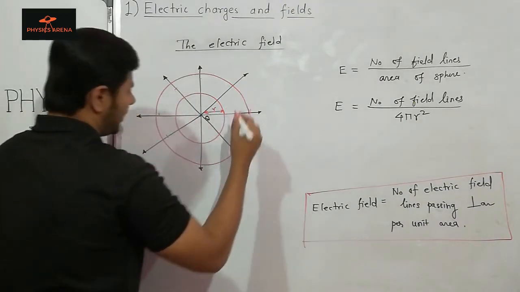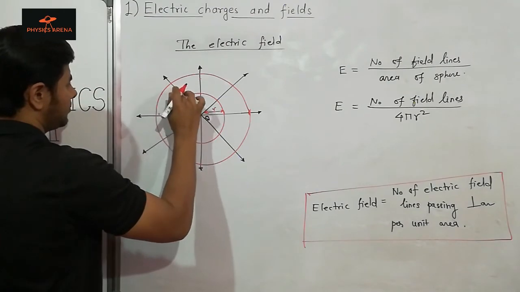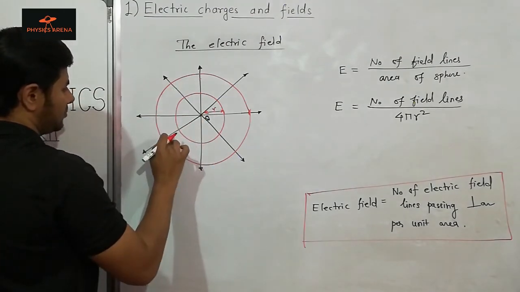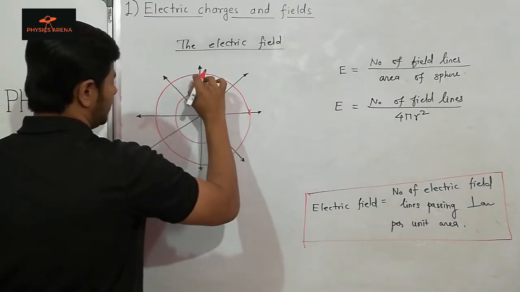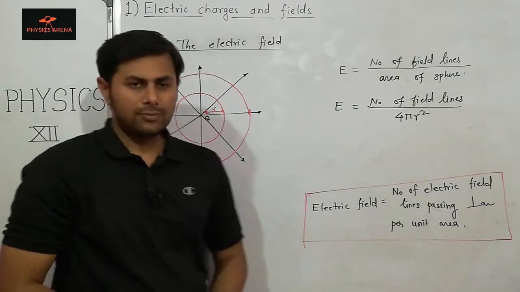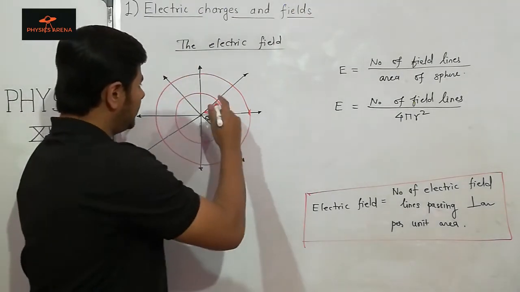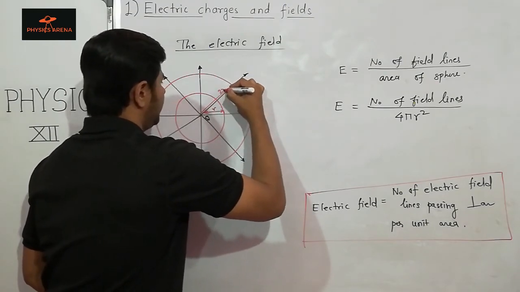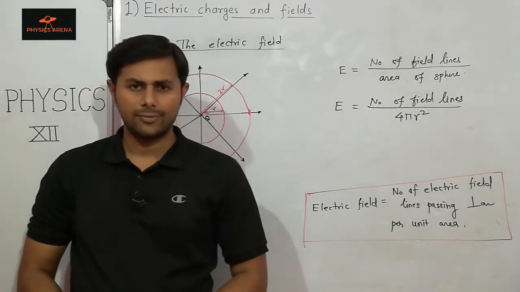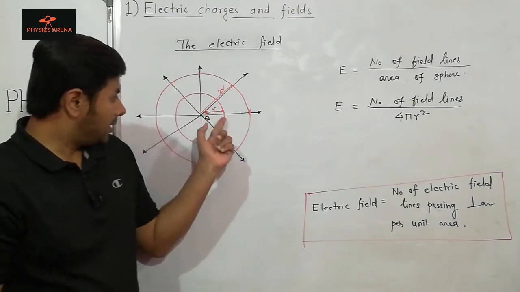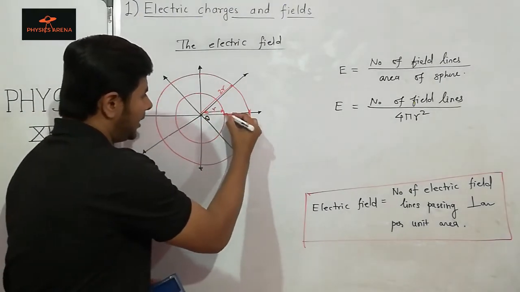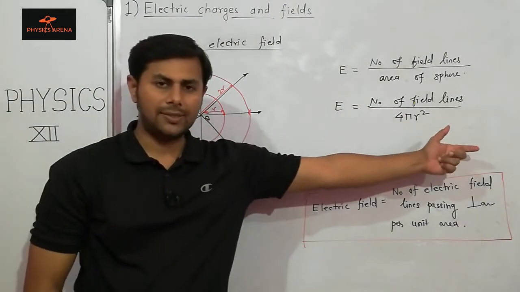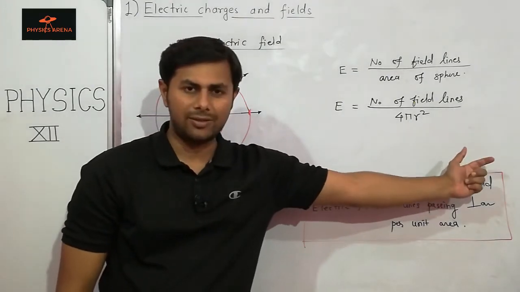So it will be something like this. This distance is 2r. Now the electric field at distance r away will be the number of field lines divided by 4 pi r square.